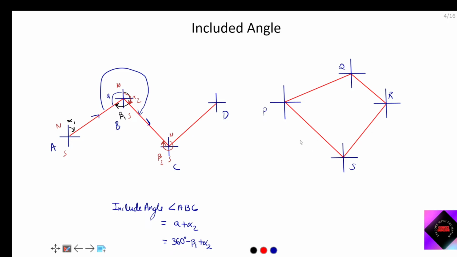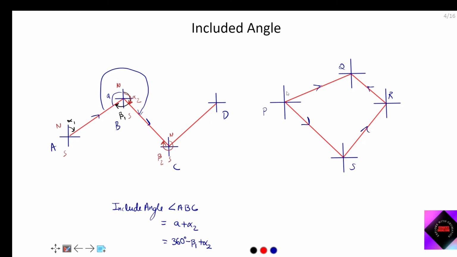Same for this line. For example, let's say I am considering this direction of propagation, and I have given some of the angles.